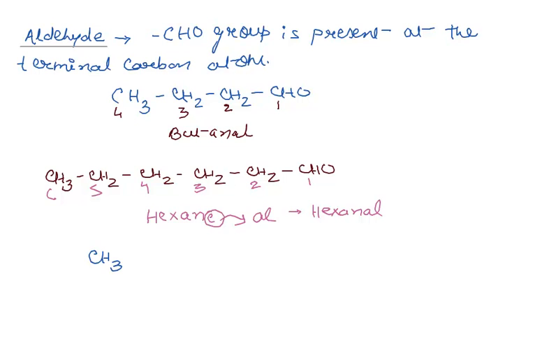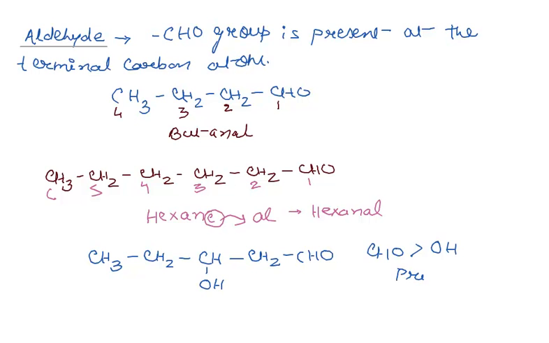So I'll take one more chain so that this concept is at least clear to you. So it is CH3, CH2, CH, and I am putting in OH here. Now how will you name? Now in this case, children, the CHO has more priority than the hydroxyl group OH.